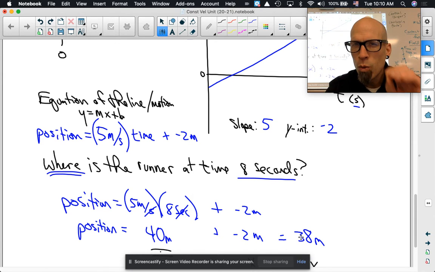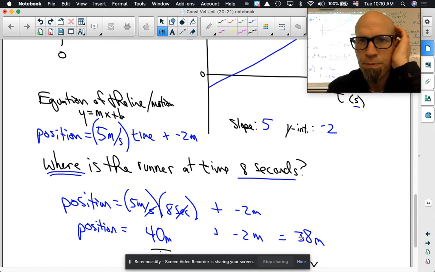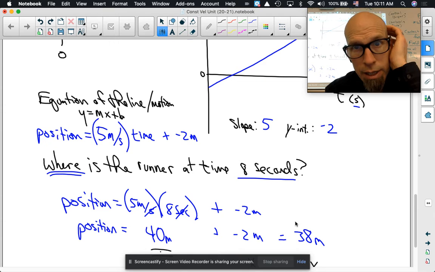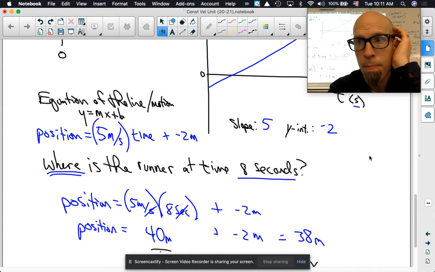So again, with this equation that we wrote, the first part tells us how far they went. We have to add to that where they started, and that total tells you where they currently are. So keep that in mind.